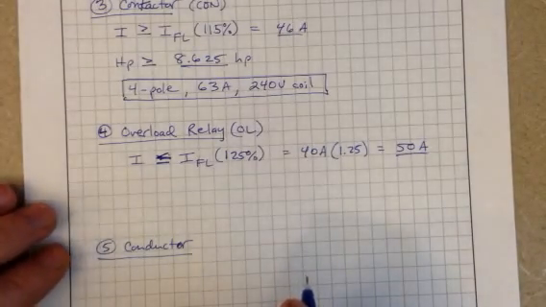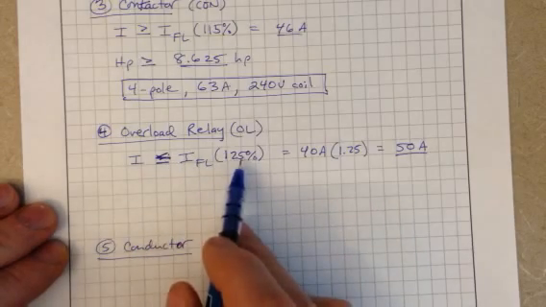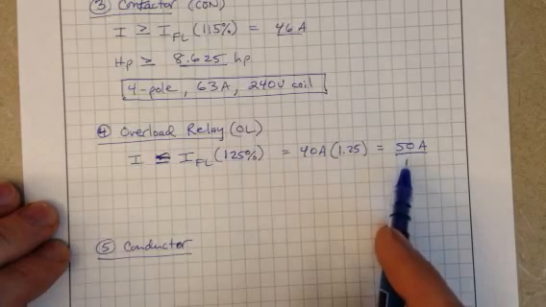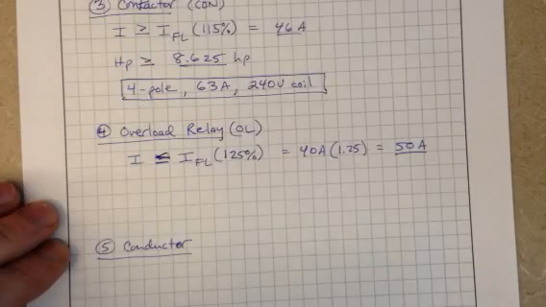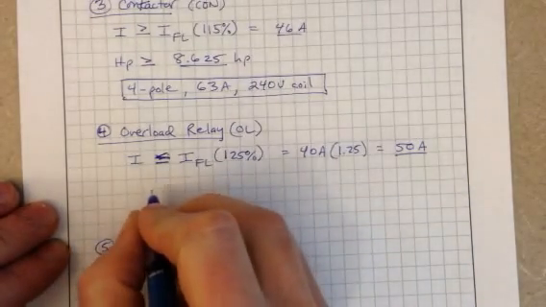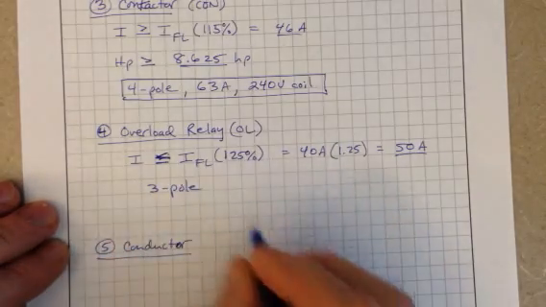So for the overload relays, because I can't go greater than, it's equal to or less than this, because I want those to trip if I get up to 50 amps, right? I don't want those to wait until it gets to 60 or 70 or 80, right? I want to trip them sooner than that because there's going to be heat buildup. I'm going to look at 3-pole, and heaters come in 3-pole flavors.